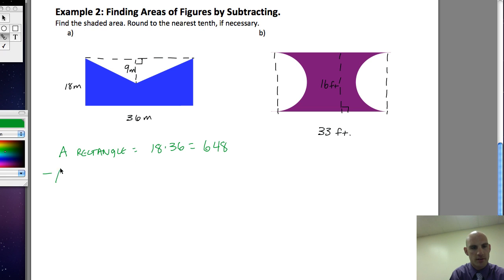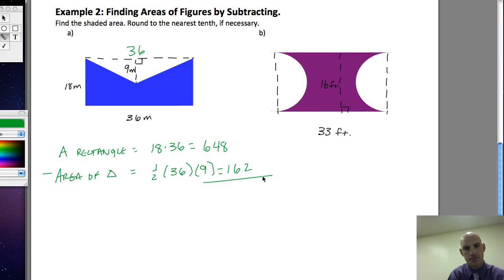So minus area of triangle, which is equal to 1/2 base, which is 36, times the height, which is 9. So 18 times 9. So that's going to be 162. So my area is equal to 648 minus 162.